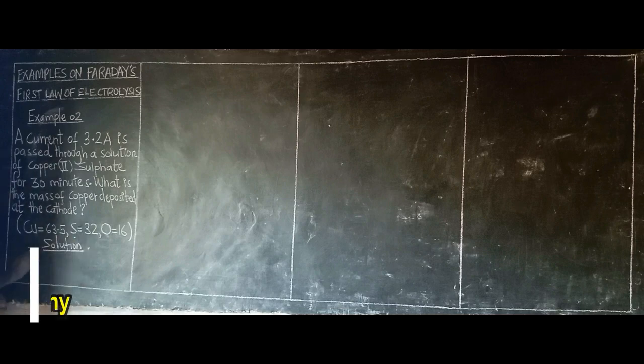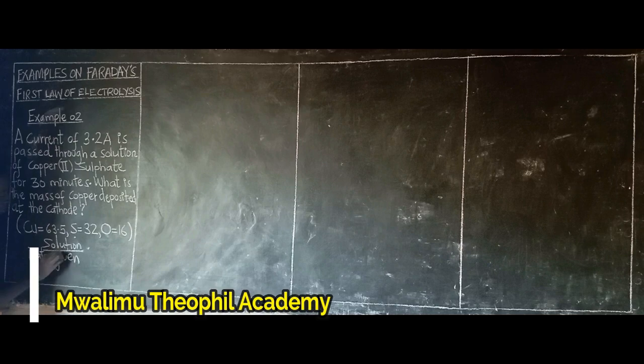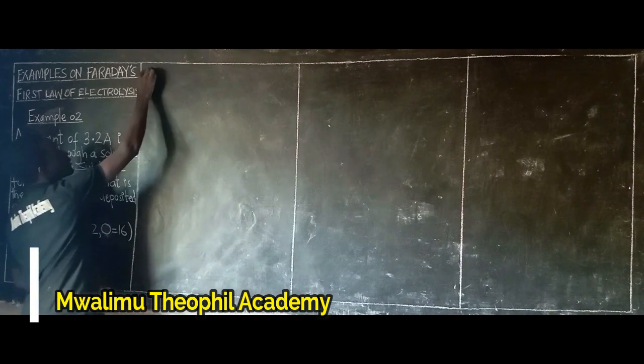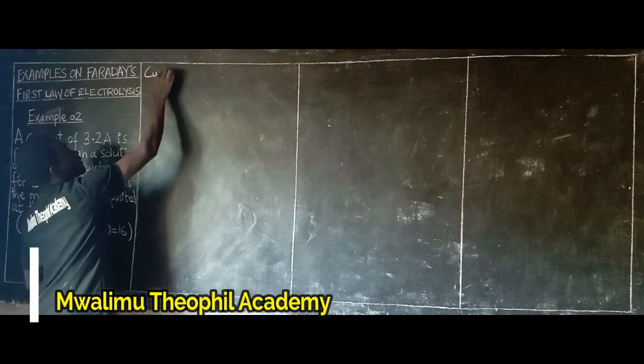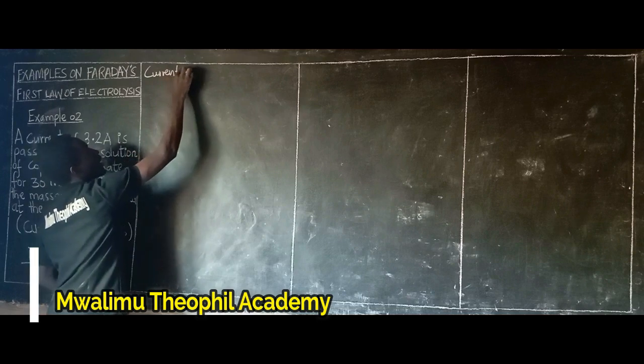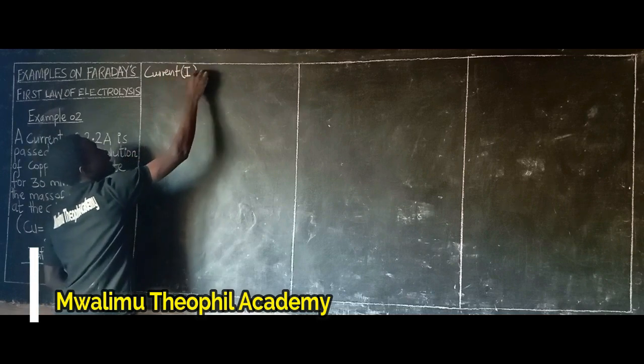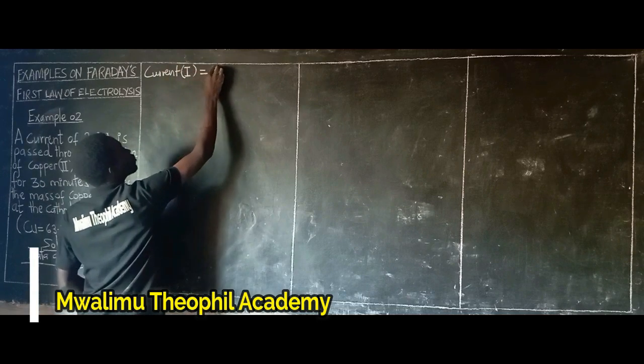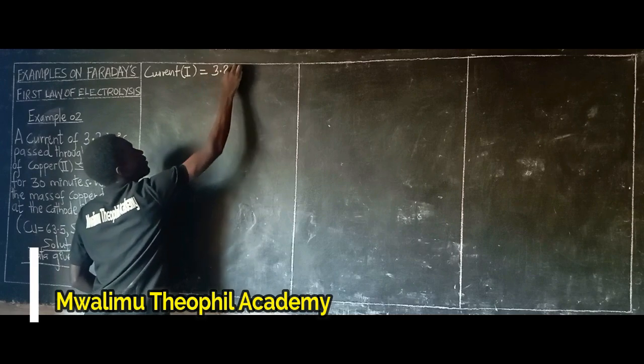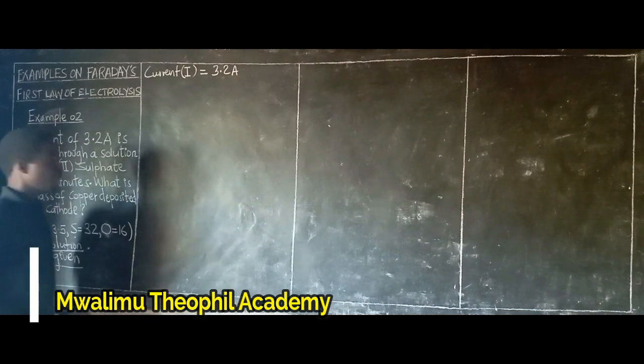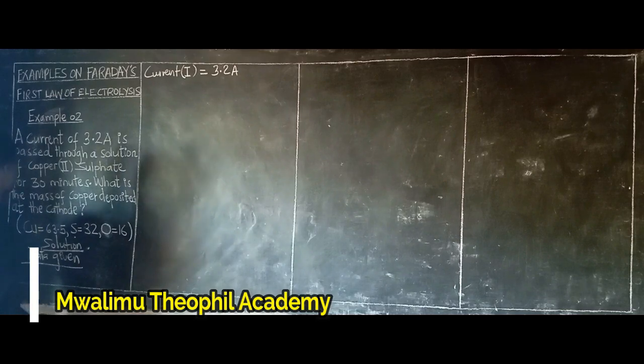Let us first of all analyze the data which we have. Data given. We are given current I. The current you are given here is 3.2 ampere. Another data which we have is time, 30 minutes.